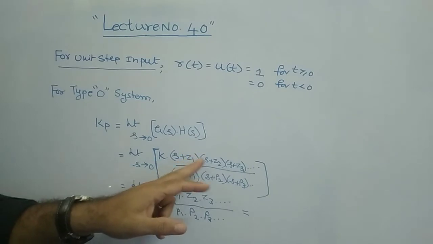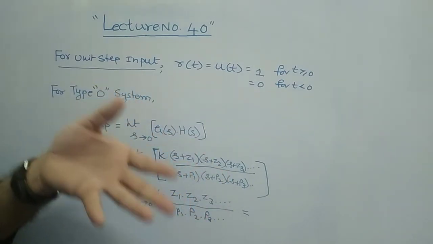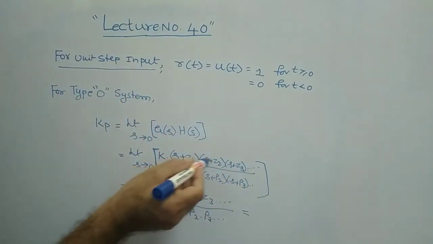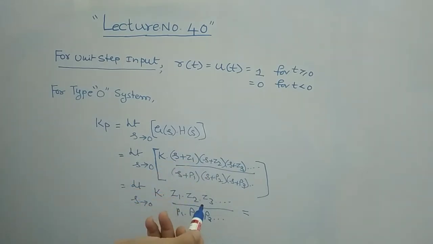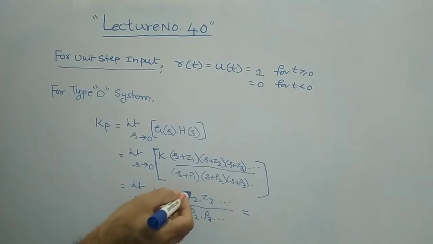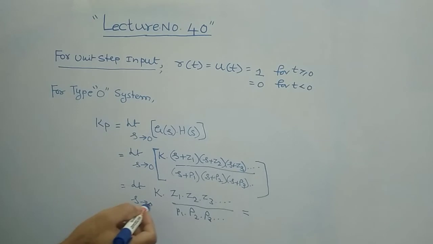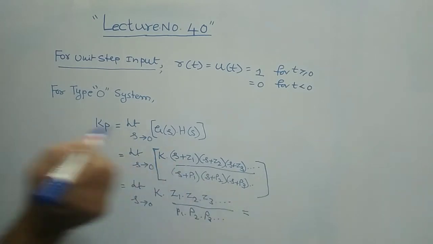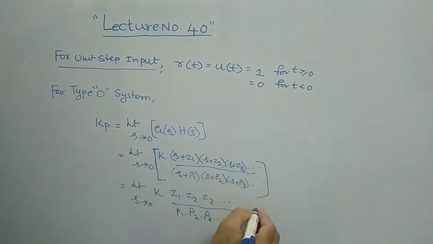Therefore z1, z2 are constant values. So from this you will get constants, poles also constant. Constant by constant is again a constant. Therefore, if you apply s tends to 0 to this, everything is a constant. If you apply the limit to a constant, your answer is a constant. Therefore you will have a constant here.